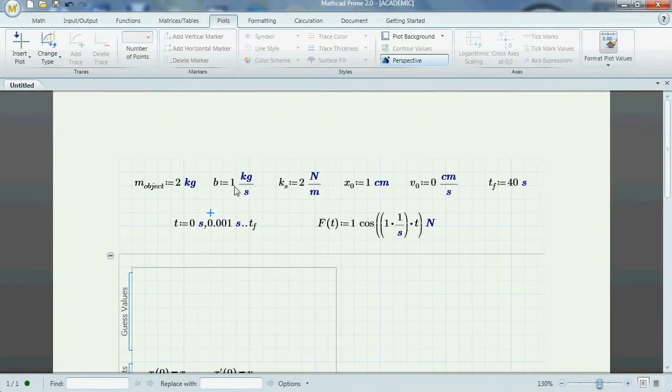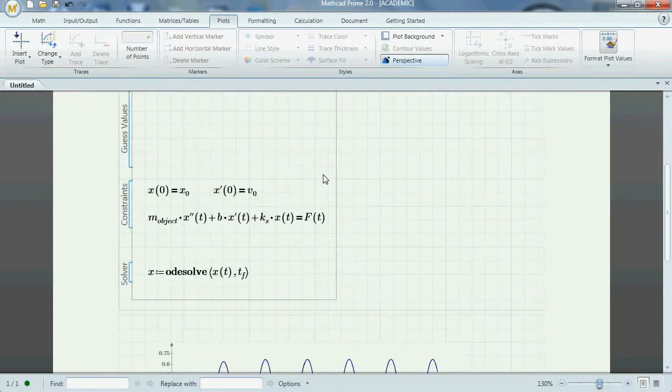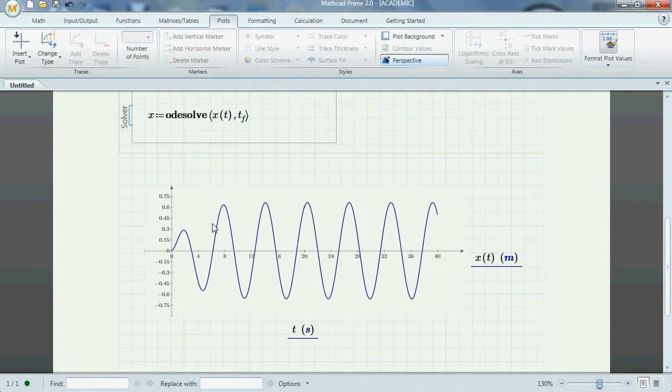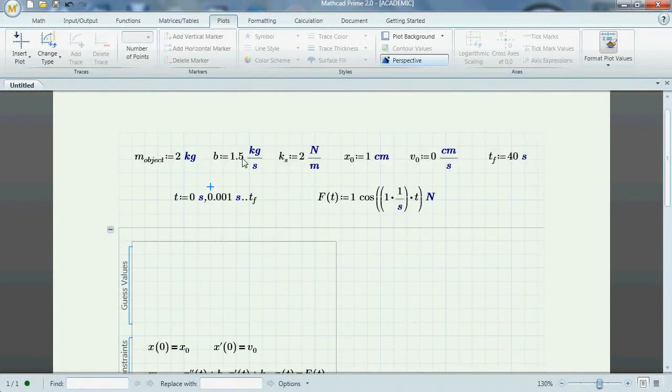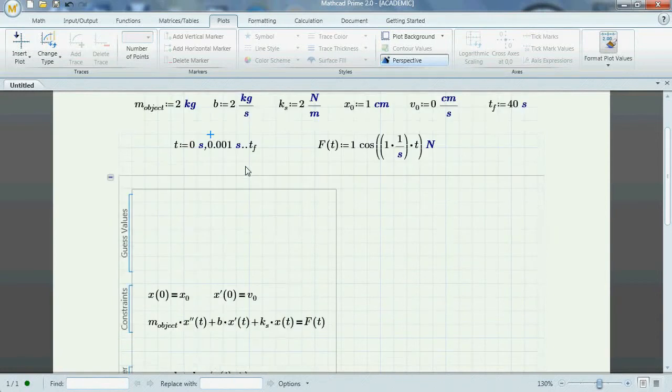Let's kick it up just a little bit more. And that looks even better. So now I'm controlling the system by putting friction into it. Now this is kind of an odd thing to do, because we'd think, well, if I'm putting in friction, I'm wasting energy.